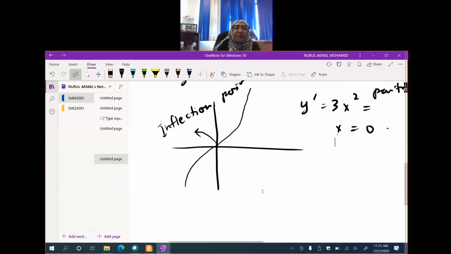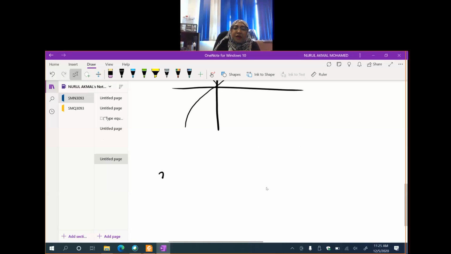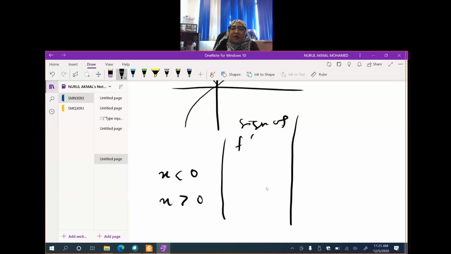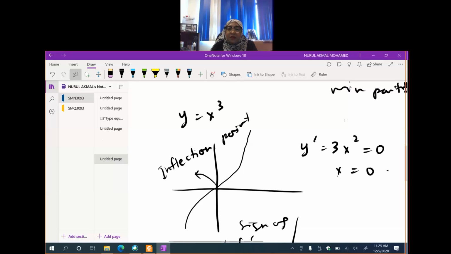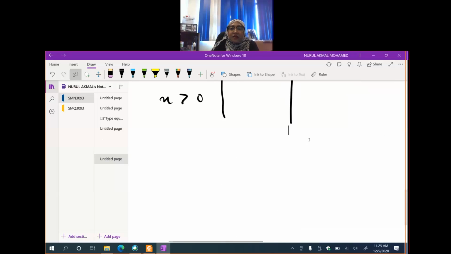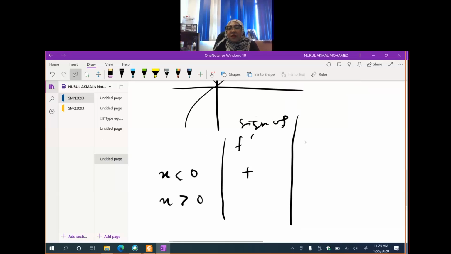Like before, you make the table for x less than 0 and x greater than 0. So for the sign of f prime, this one will be positive, and this one is positive.